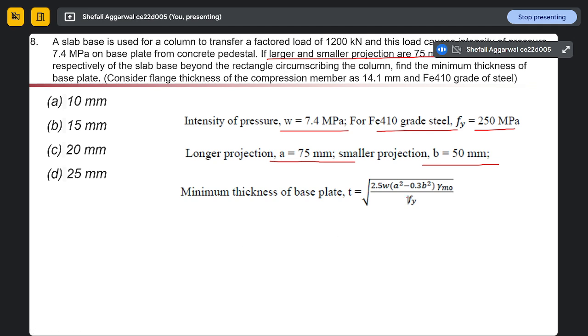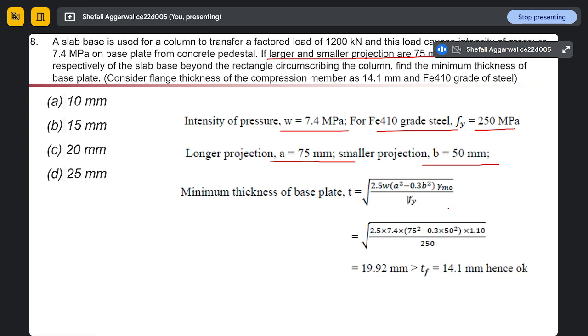Thickness of base plate is given by this formula. We have already seen, by equating those things, we calculate the thickness of base plate. It is the square root of 2.5 w into (a square minus 0.3 b square) into gamma m divided by fy. Putting all these things into the formula, we will get the thickness of base plate as 19.92 mm.